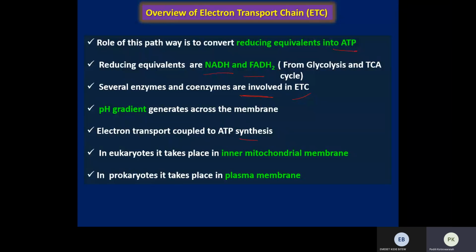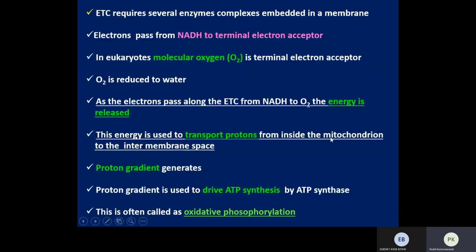This electron transport chain in eukaryotes takes place in the inner mitochondrial membrane, whereas in prokaryotes it takes place in the plasma membrane. Many complexes are present in the inner membrane to carry out this reaction.